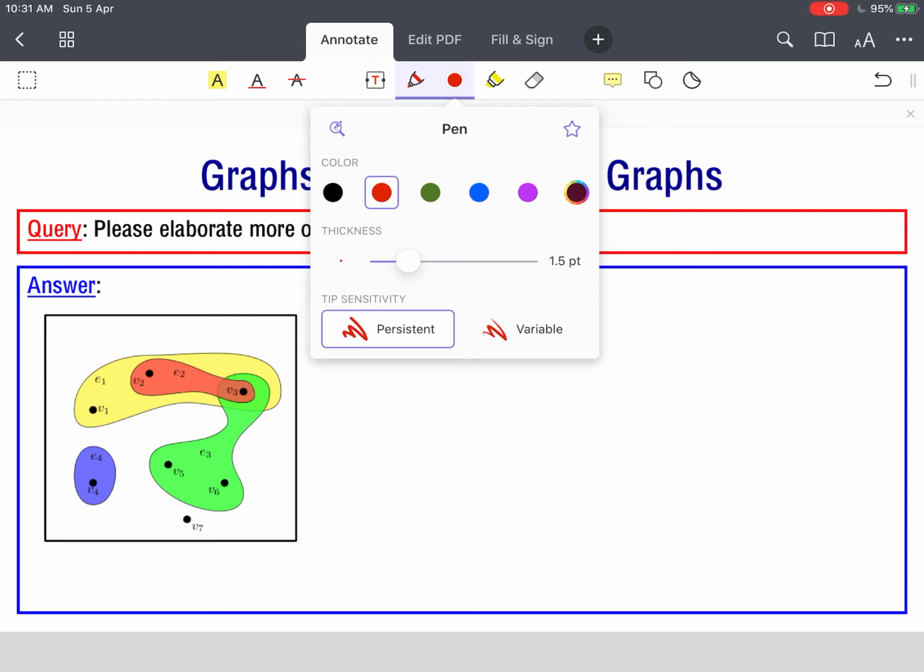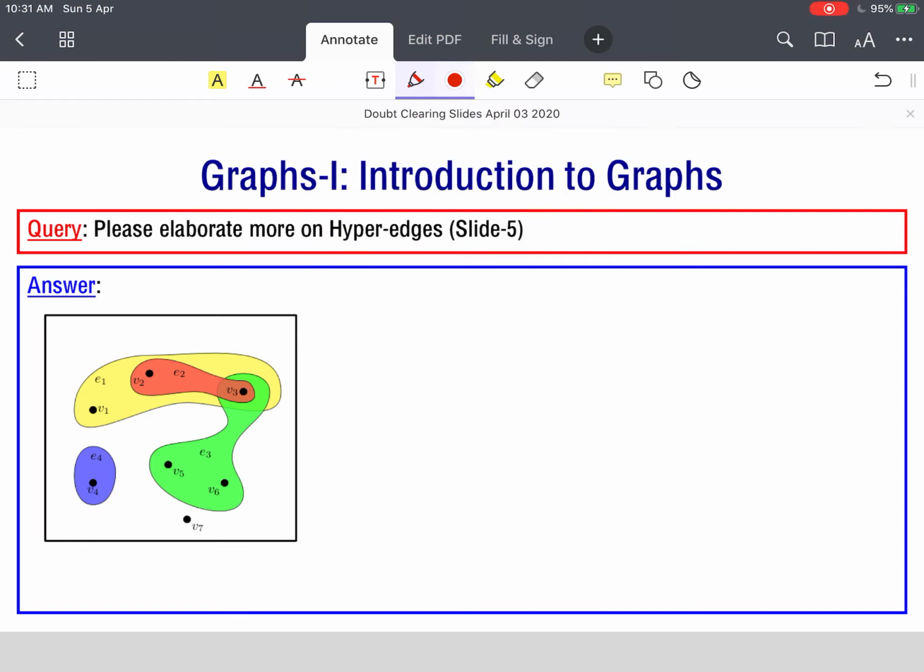Just to explain to you, we had said that a graph consists of nodes and edges. Typically, if there are four such nodes, then the edge could be an edge between any two nodes like this.